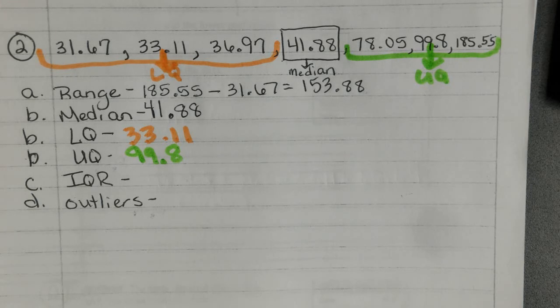Okay. Now, IQR. You got what? For which one? Did you add and divide by 2? I think you added. Check.